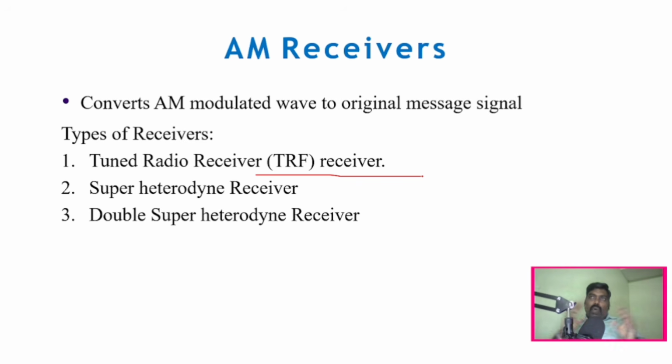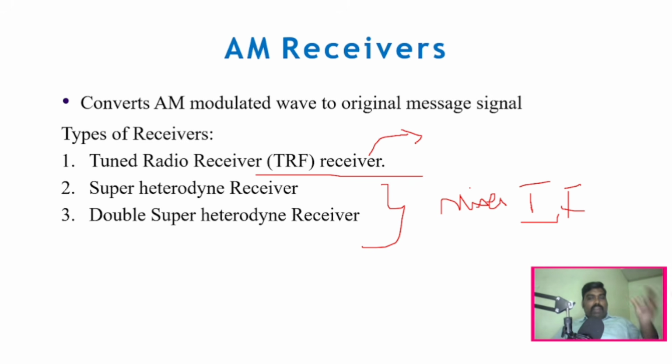So that is the overall working of TRF and superheterodyne receiver. In a superheterodyne receiver we mix the signal and convert it to an IF signal, and from the intermediate frequency signal we obtain the original message signal. Whereas here the desired signal will be tuned, and you will select only the desired carrier frequency, and from that we will obtain the original message signal.